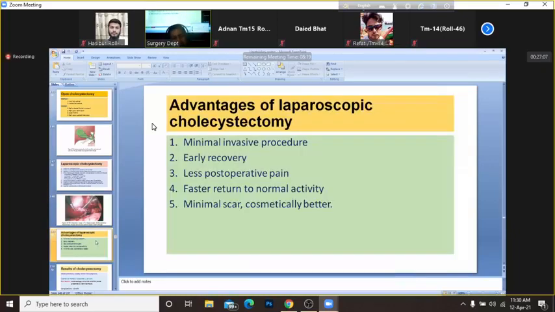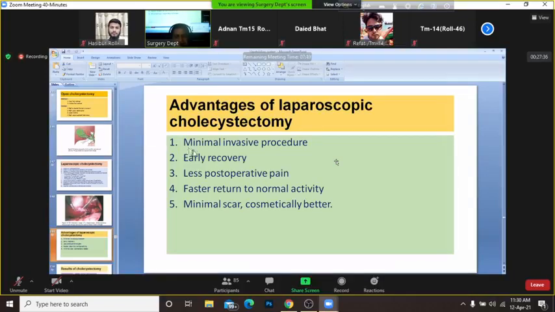So one can ask, what are the advantages of laparoscopic cholecystectomy? There are several advantages. Number one, this is a minimally invasive procedure. For open cholecystectomy, we have to make a big incision, 4 inch to 8 inch cutting of the skin, followed by a long scar.